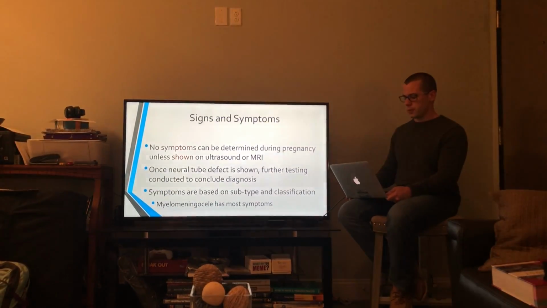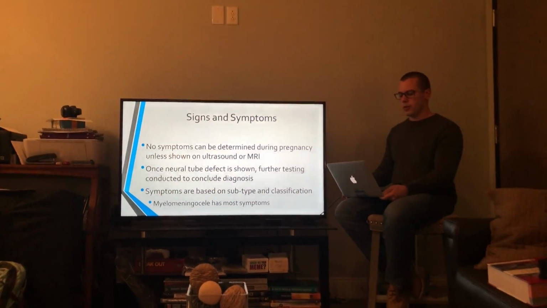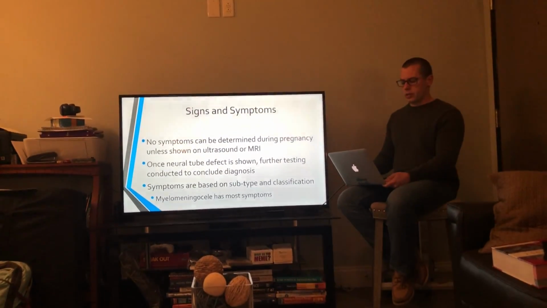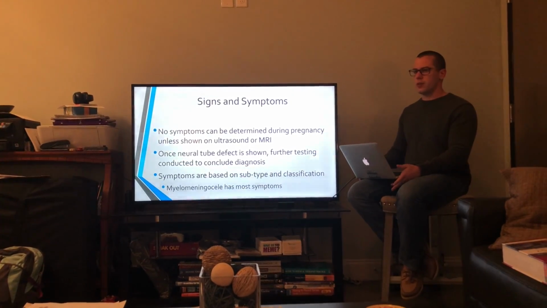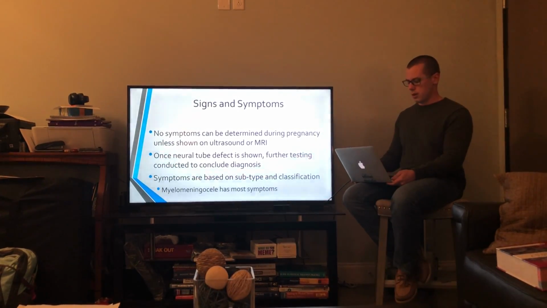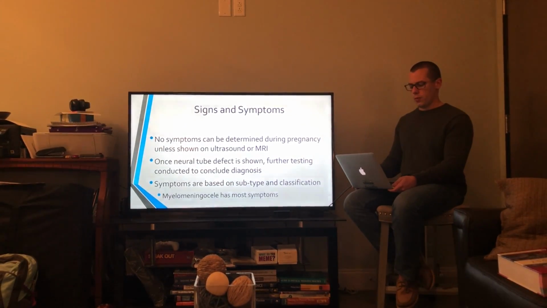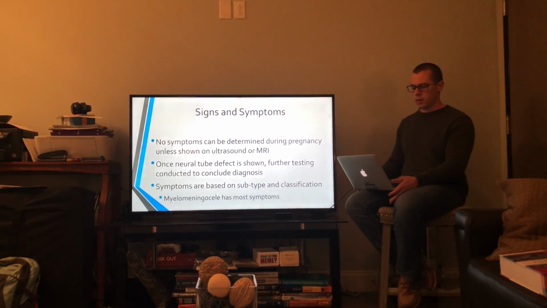As for signs and symptoms, there really are none during pregnancy unless you get imaging or have blood tests drawn. Once the neural tube defect is shown, typically they do more tests just to make sure that they actually do have spina bifida. And the symptoms are based off the subtype and classification.